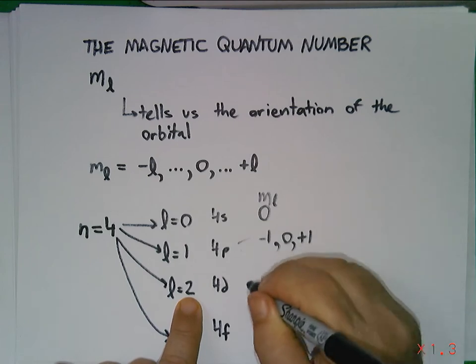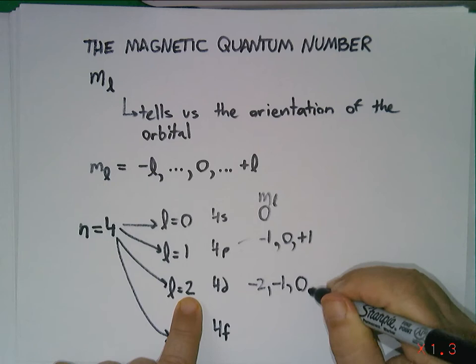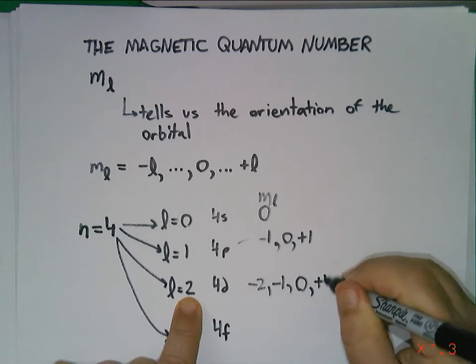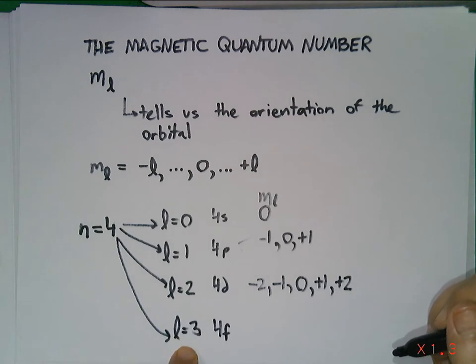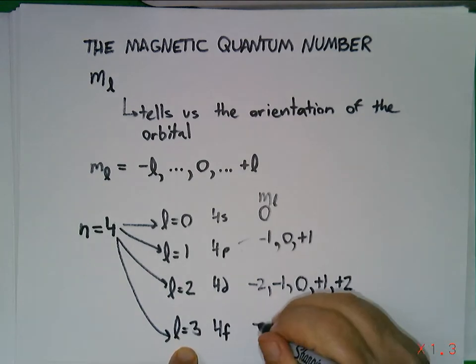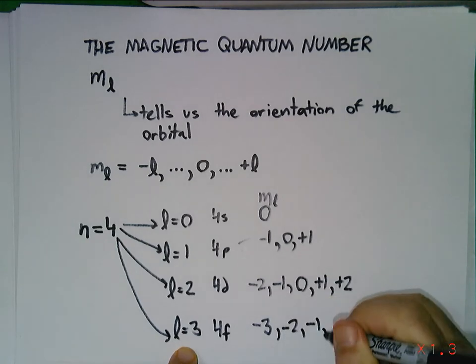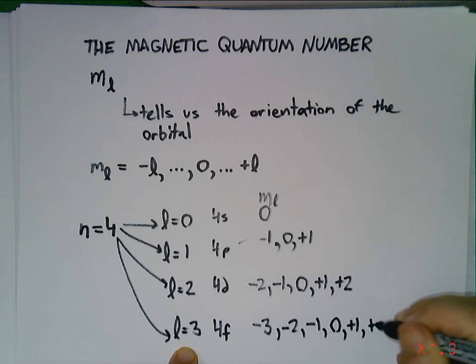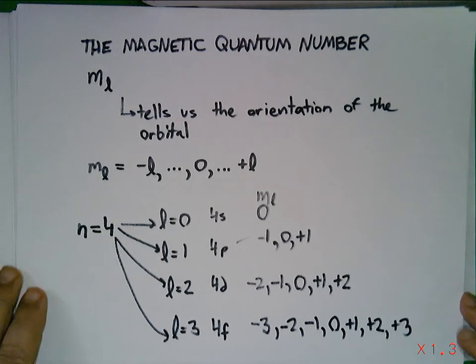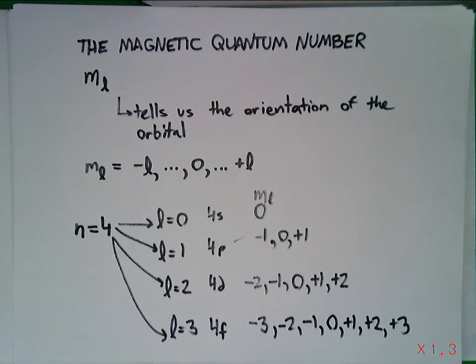You can go from minus 2, minus 1, so you just count up through 0. And then for this one, now, what's important, you should be able to list the m sub L values that go with any L value.